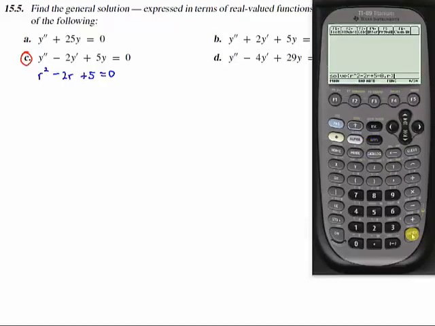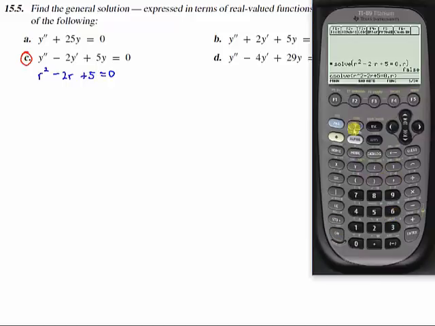So if we try solving for r on our TI-89, we get just this. It says false. Now that's our clue that the solutions are complex. So the solve doesn't work with complex solutions. Instead, we have to use C-solve. So we're just going to put a C on the front of the solve.